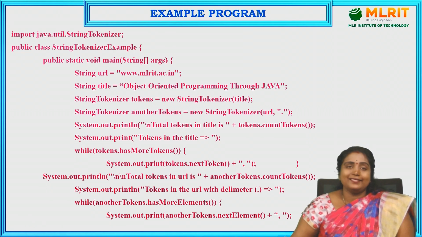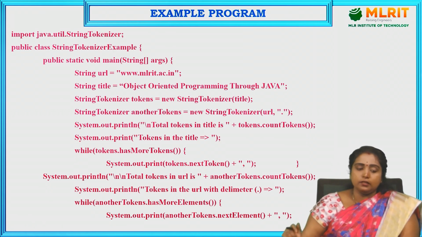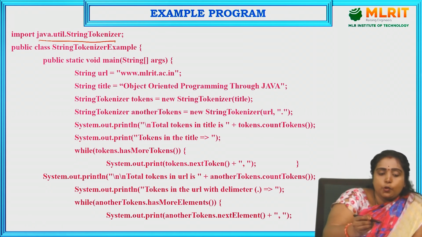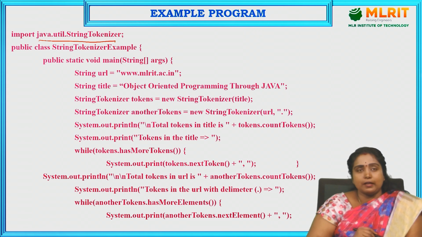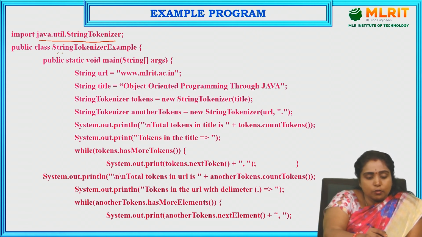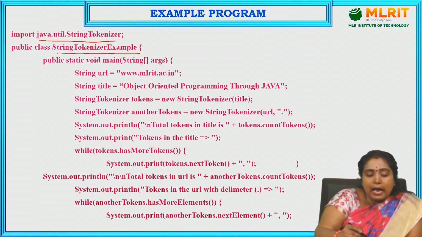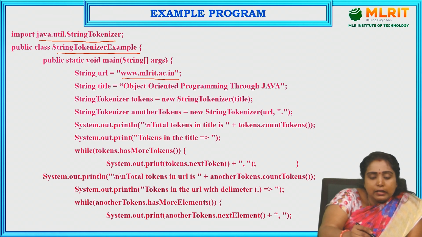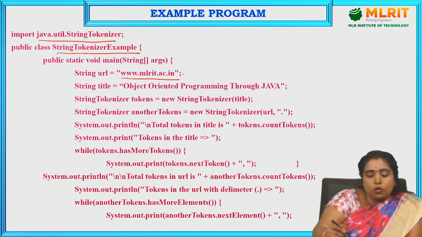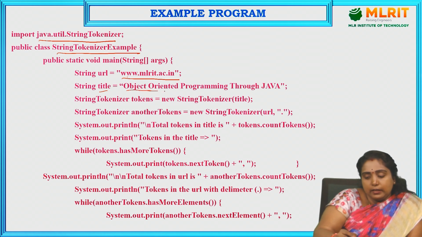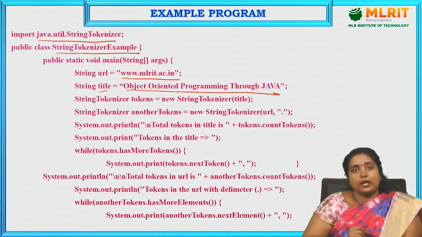And this is an example program for the string tokenizer. Here I am importing java.util.StringTokenizer, and StringTokenizerExample is my class name. I am creating one URL, www.mlrit.ac.in, and a second string, the title of my data, object oriented programming through Java.